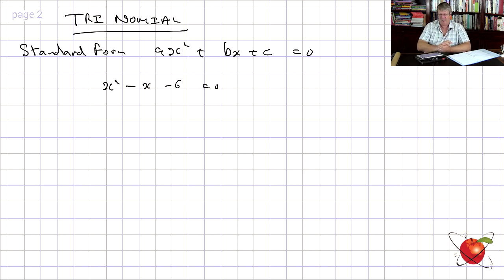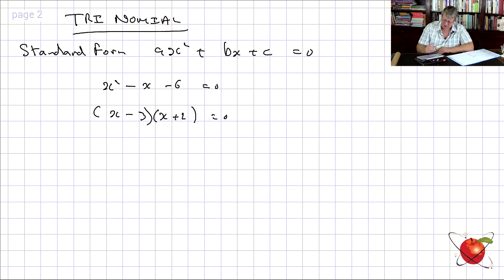We want to know the value of x that will make this true. So what is step 1? Factorize. How do we factorize that?